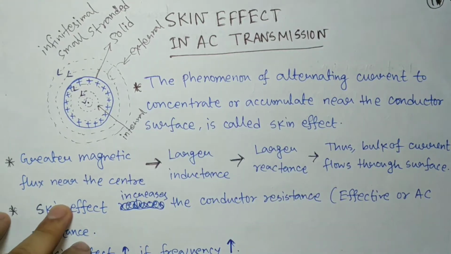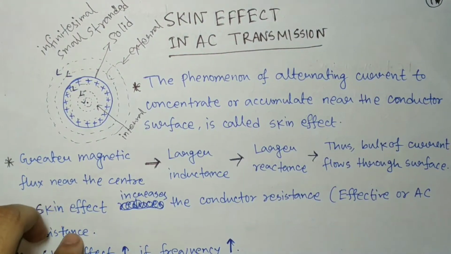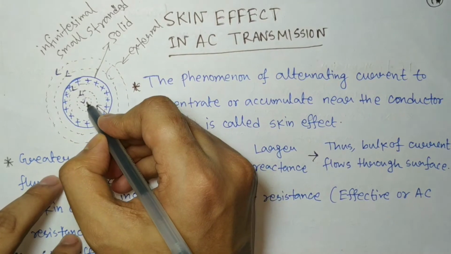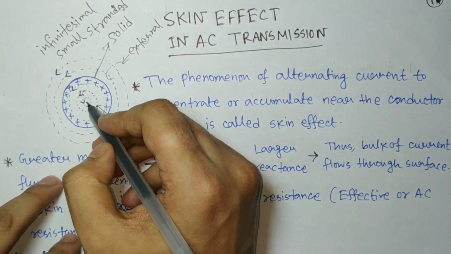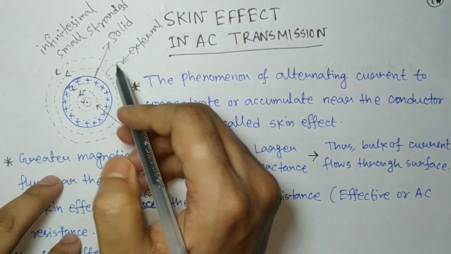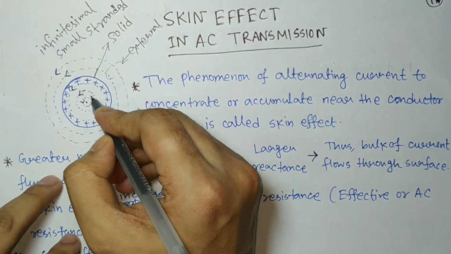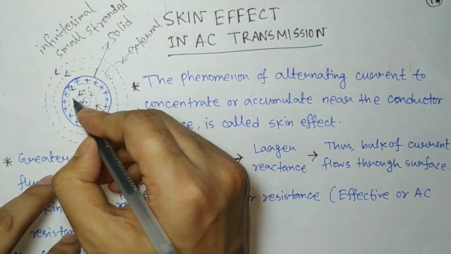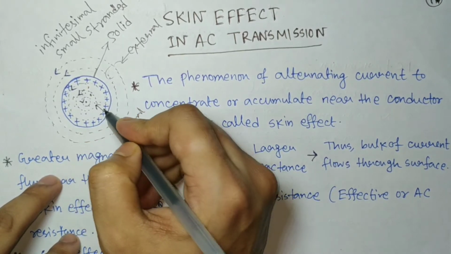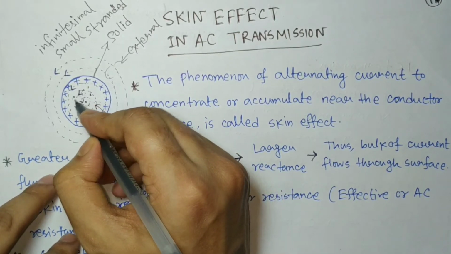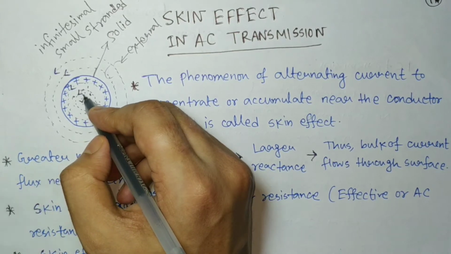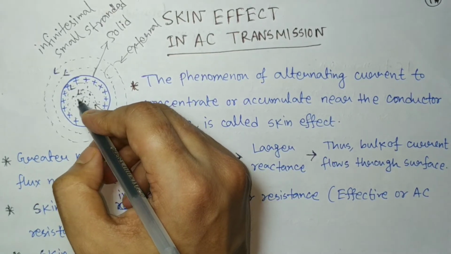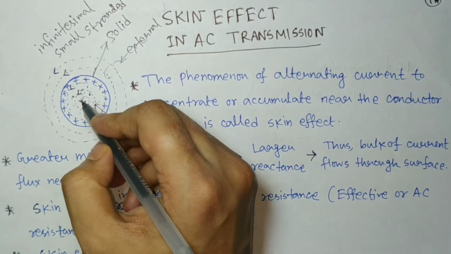Now closely observe. This point can be assumed to be an infinitesimally small strand, and likewise there are so many such strands here, each carrying some amount of current, and each strand will have a magnetic flux around itself.